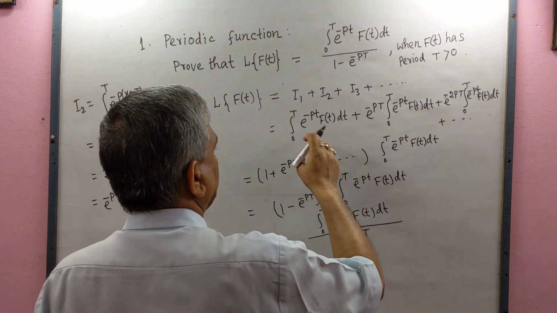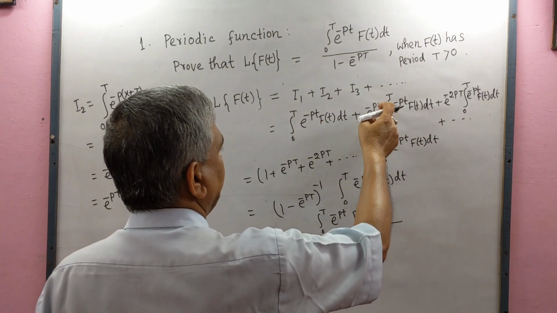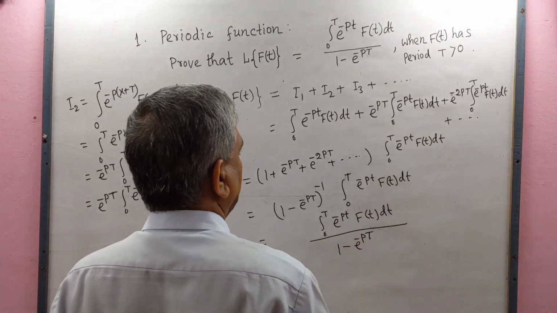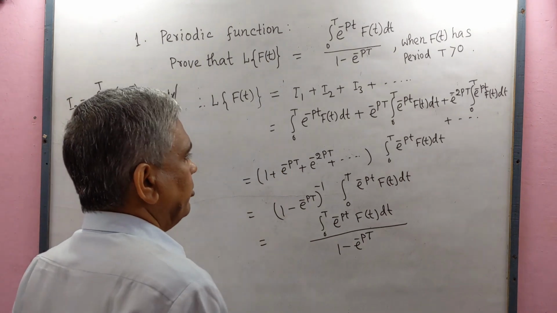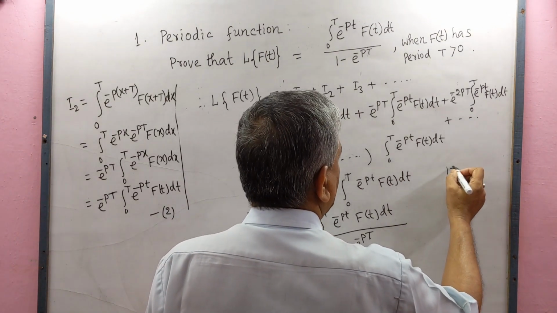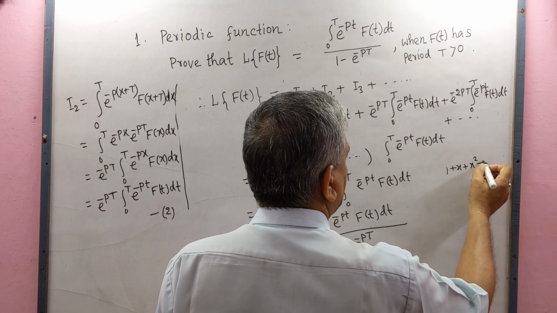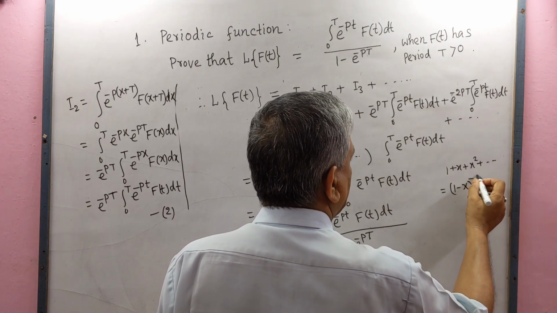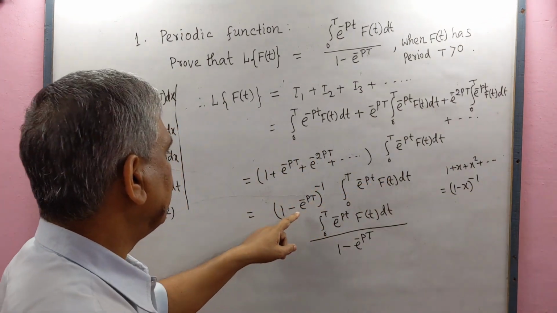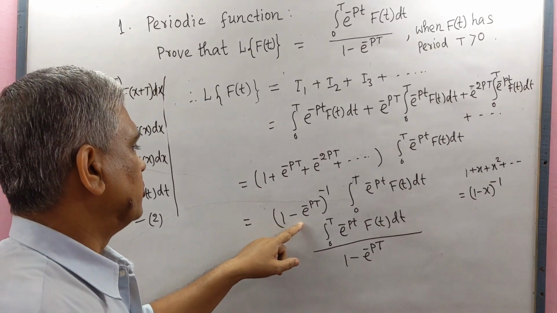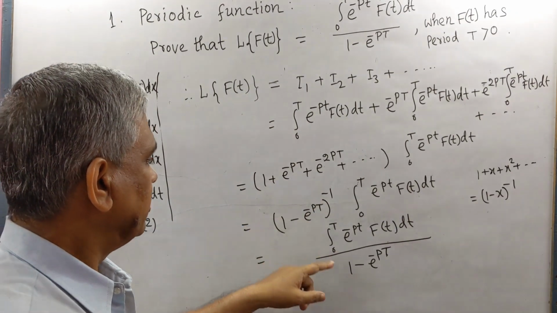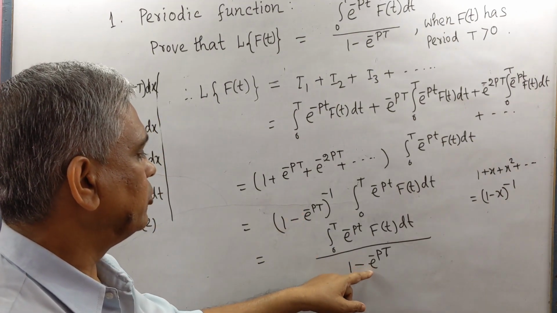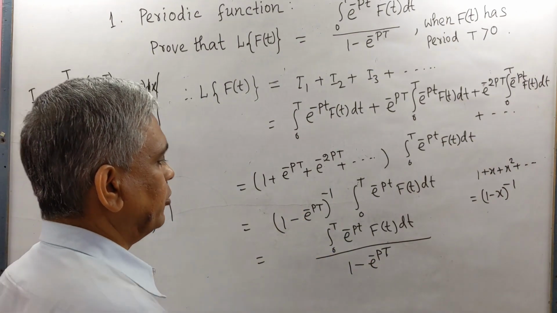So here remains 1, here remains e to the power minus pT, here remains e to the power minus 2pT, and so on. This is the binomial expansion of 1 minus x to the power minus 1. Using that formula, we get 1 by 1 minus e to the power minus pT. Hence proved.